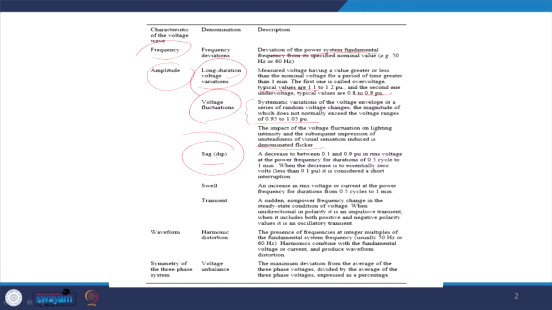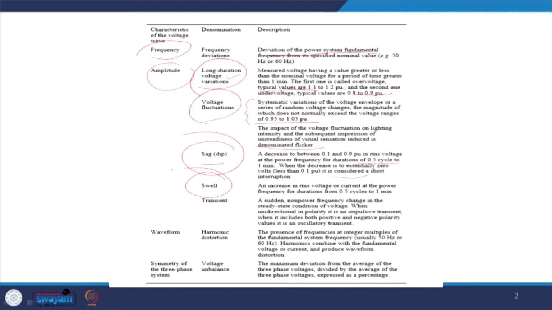Generally we call it a dip or sag if it is 0.1 to 0.9 in RMS voltage at the power frequency for durations of at least 0.5 cycle to 1 minute. When the decrease is to essentially 0 voltage, that is less than 0.1 per unit, it is a very short interruption.